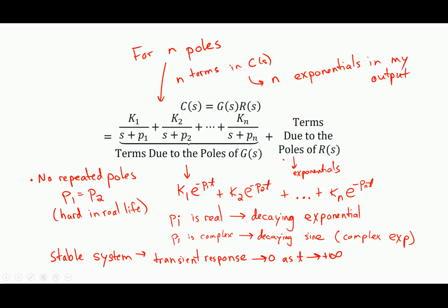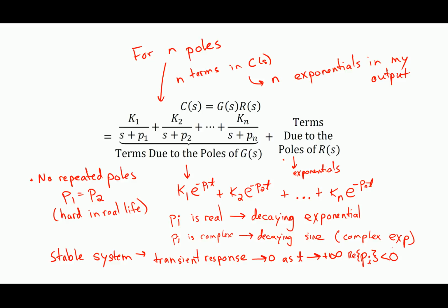For the transient response to go away, because that transient response consists of decaying exponentials, it must be the case that the real parts of all of these p sub I must be less than 0. Right?